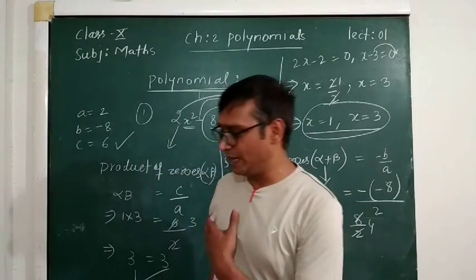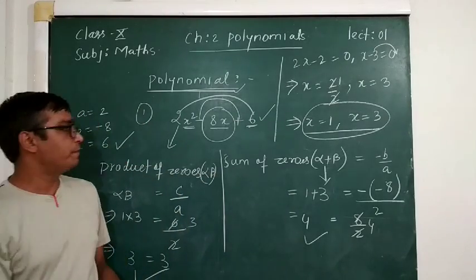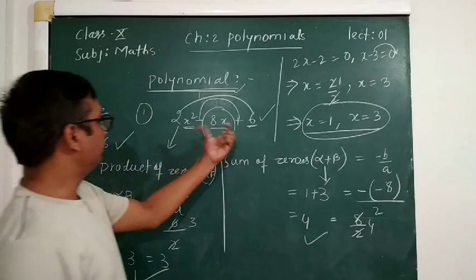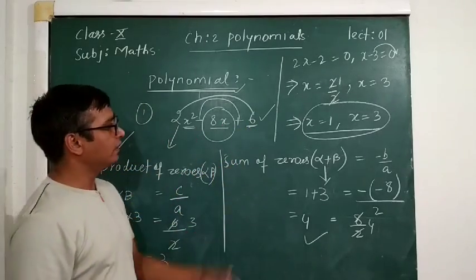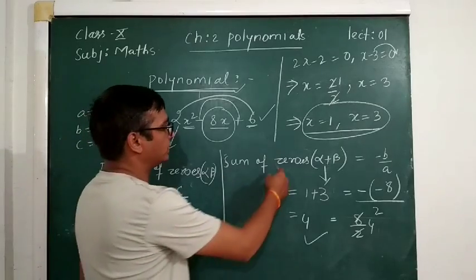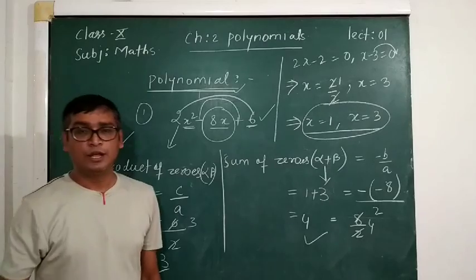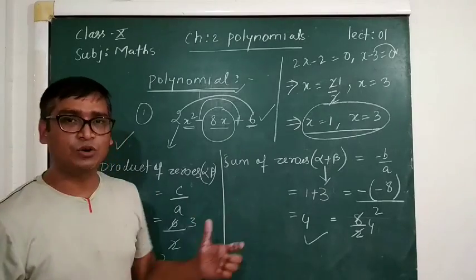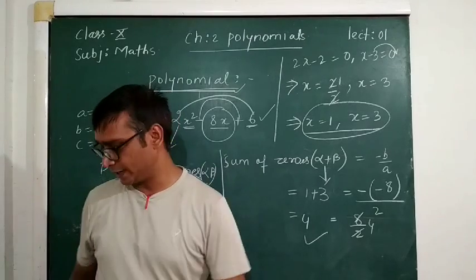So from this we come to the conclusion that whatever the relationship of getting the zeros of the polynomial by splitting, that is also equal to the sum of the zeros and product of the zeros. So this is to find out the relation, whether the sum we have obtained is correct or incorrect.